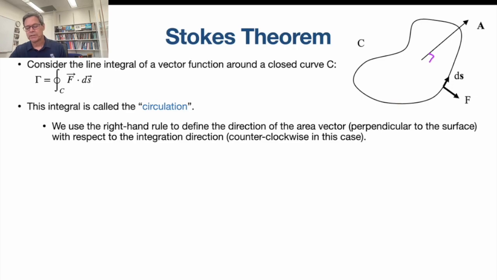If you imagine curling your fingers in the direction of the integration, going counterclockwise like this, then your thumb points in the direction of the area vector, up and out. That's why I've shown it this way. So there's a right-hand rule between the direction you're integrating and the area vector direction.